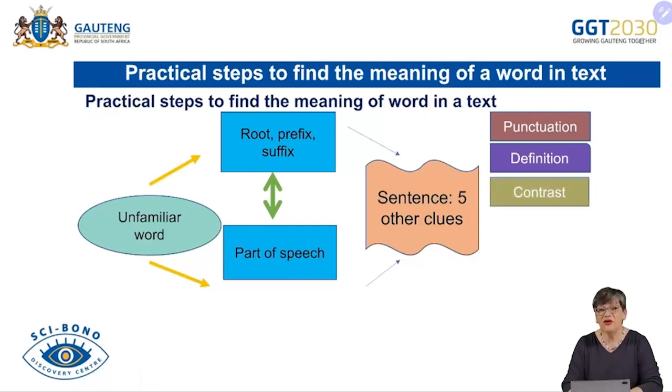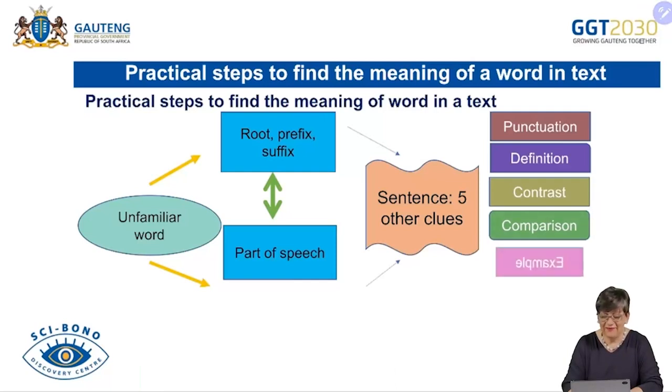They might even show you a contrast. There might be a comparison with something else. And lastly, they might even give you an example. Right, so use your contextual clues in your sentence and try and figure out what is the meaning of that word.